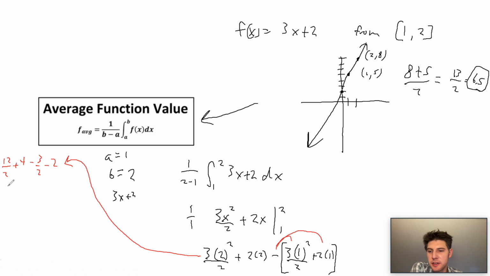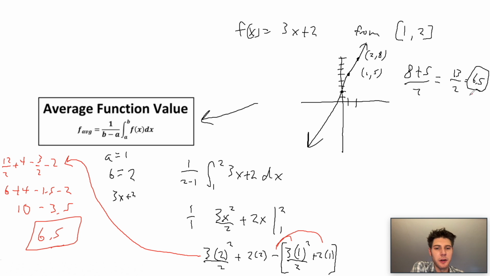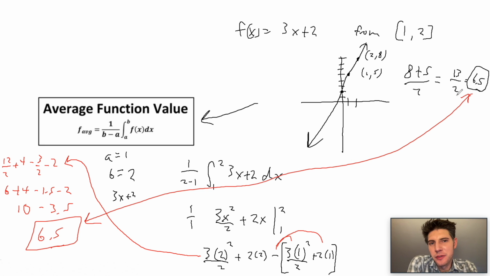Then simplify this. 6 plus 4 minus 1.5 minus 2, 10 minus 3.5, and the answer is 6.5. That's the same thing we got over here. So that's all the average function value is doing. It's finding what is the average value of that function over the interval. Obviously, with something linear where we can just do something this simple, we wouldn't do the integral. But as we get more complicated functions, this integral is nice.